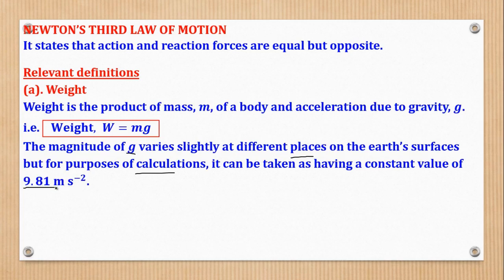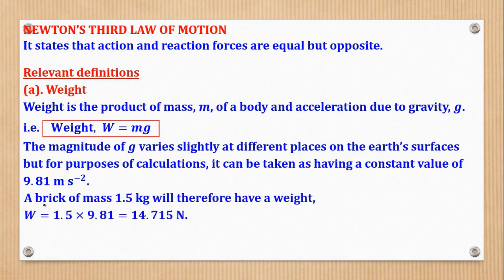So for calculations, g will be taken to be 9.81. So a brick of mass 1.5 kilograms will therefore have a weight of 1.5 times 9.81 to give you this as the weight.